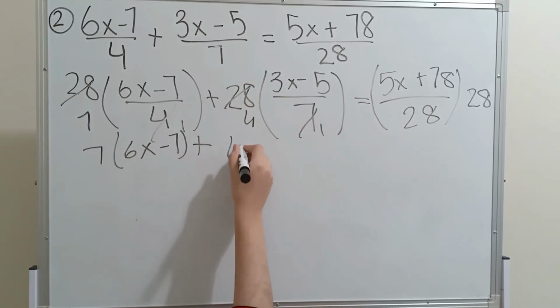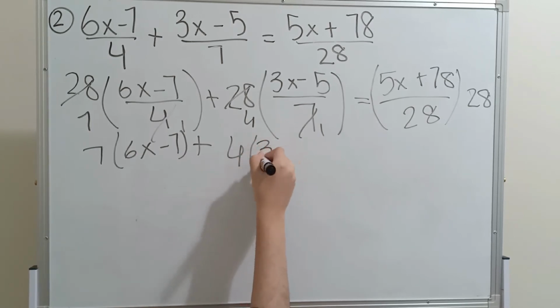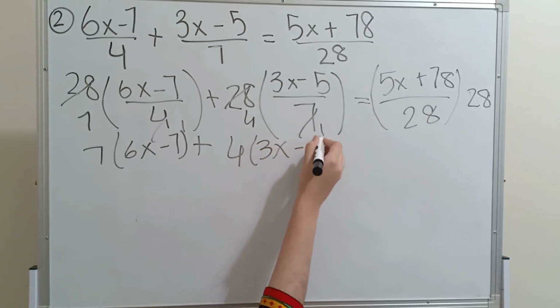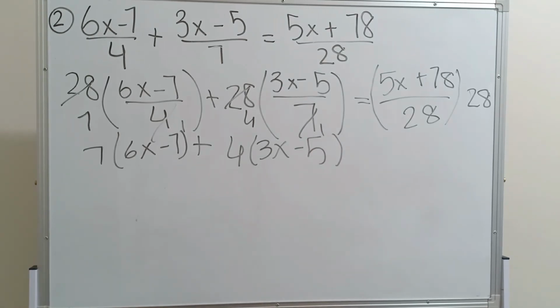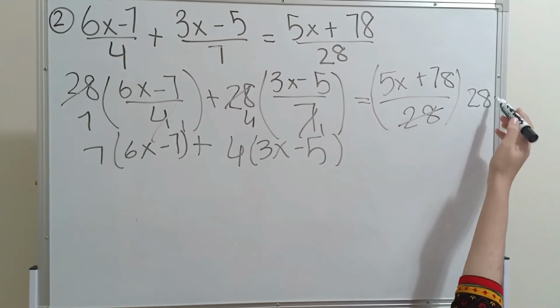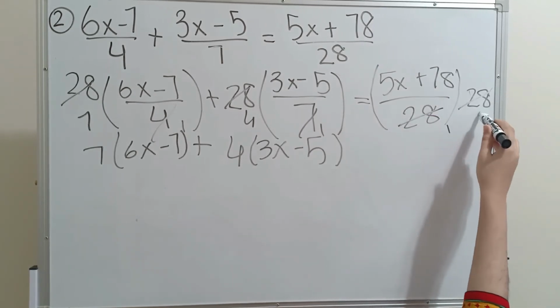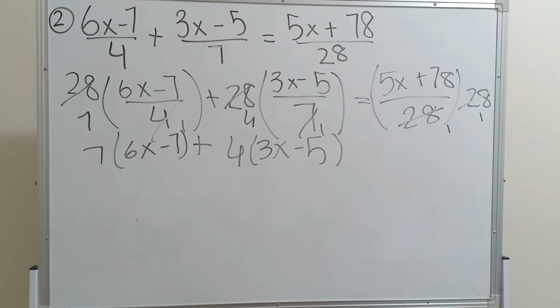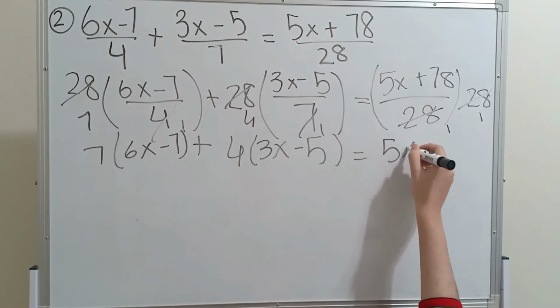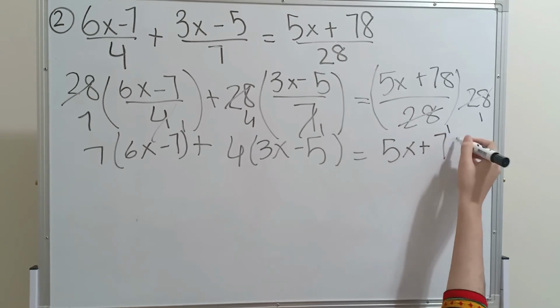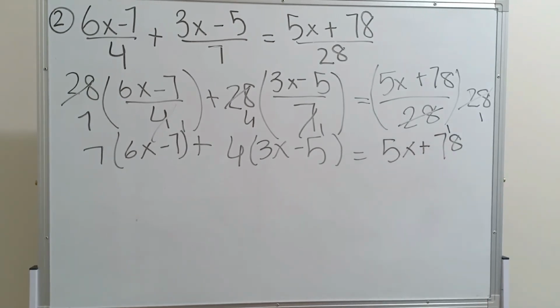So 4 times 3x subtract 5. And here, the other part of the equation that we have, we can cross out these because we'll have a 1 in the denominator. 28 times 1 is 28. Equals 5x plus 78. That's what we have.